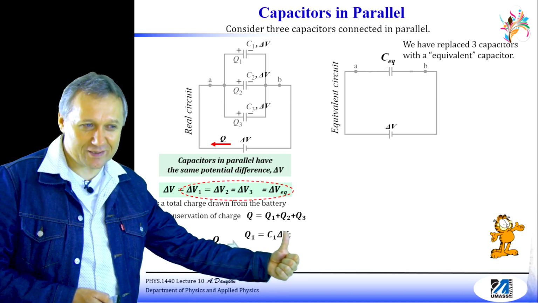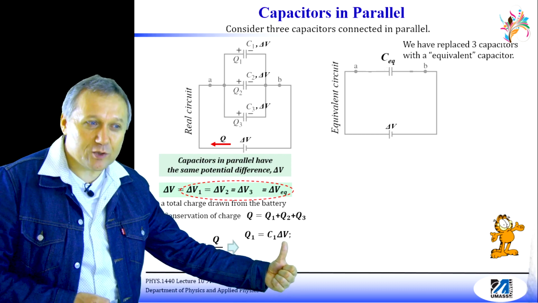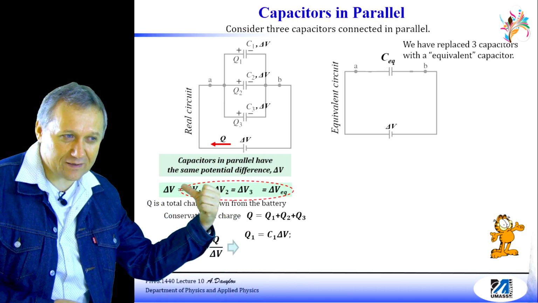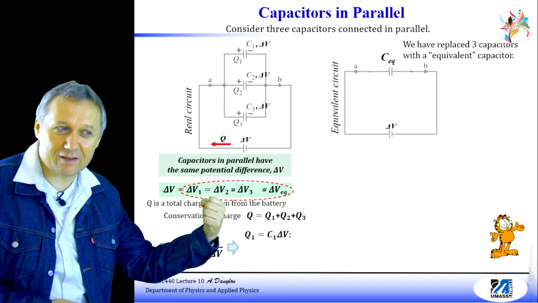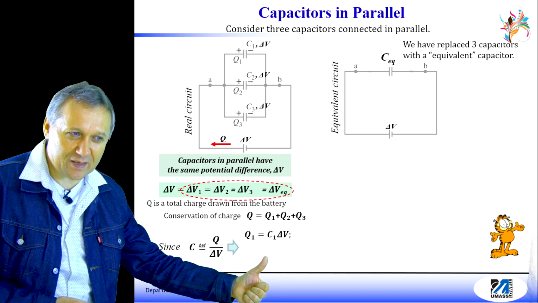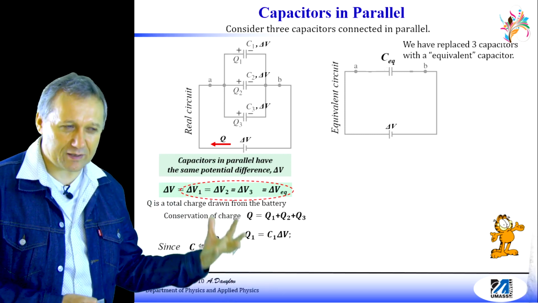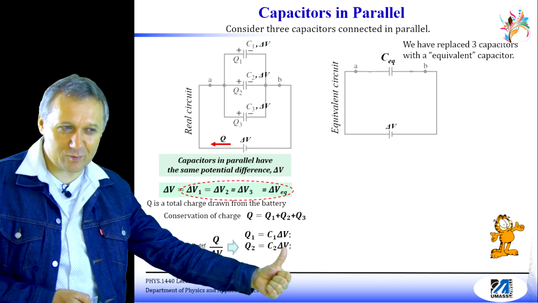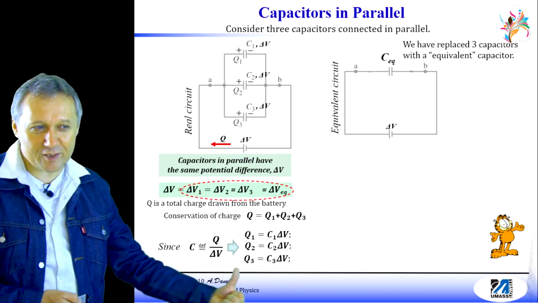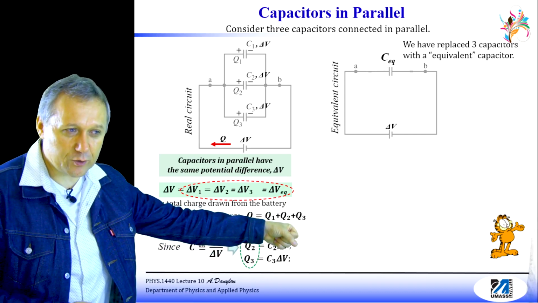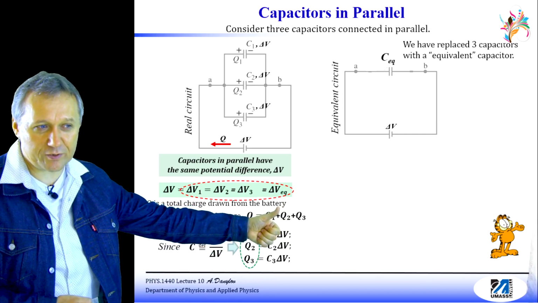So Q1 equals C1 times delta V. And you see, I didn't add subscript 1 because I used the fact that all these potential differences are the same. So I dropped that subscript immediately. Then similar thing I can write for Q2: C2 times delta V again without subscript, and Q3 equals C3 times delta V. So that's what I'm going to plug into the right-hand side of this expression.